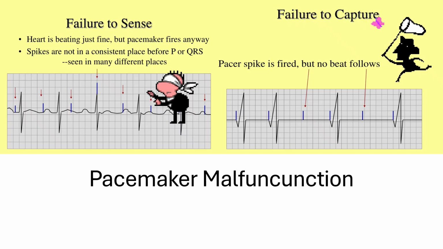Now, with your failure to capture, this is very serious. So the heart is not beating appropriately, the pacer spike is being fired, but the heart is not responding. So that needs to be reported to the provider immediately, because the patient can go into a very severe bradyarrhythmia or cardiac arrest.